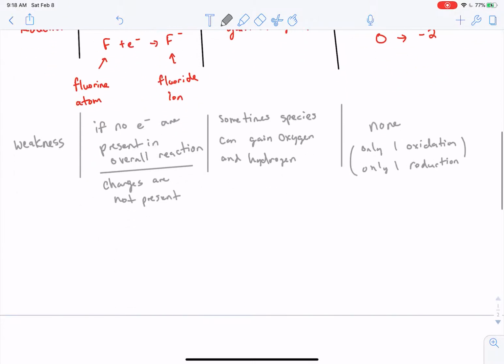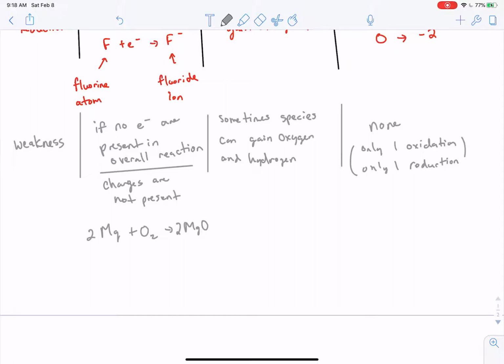For example, Mg plus O2 yields MgO: there's no charges to look at, but this is an oxidation reduction reaction because the Mg is going from 0 to +2 and the O is going from 0 to -2. So this is technically a redox reaction, but according to this definition, it isn't, because you don't see any electrons being transferred, you don't see any charges that tell you.